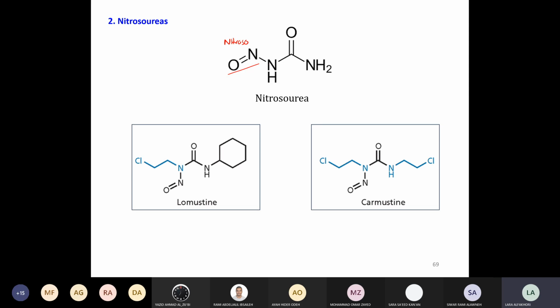What they ended up with is that if I add a chloroethyl group to the nitrogen that has the nitroso group, this will give rise to compounds that are strongly alkylating agents. The two FDA-approved nitrosoureas that are used for treating cancer are lomustine and carmustine.